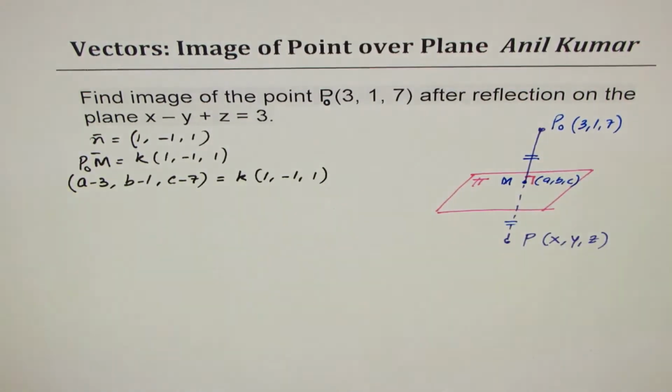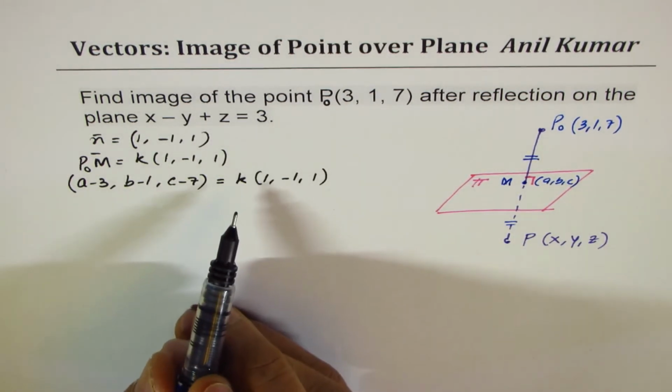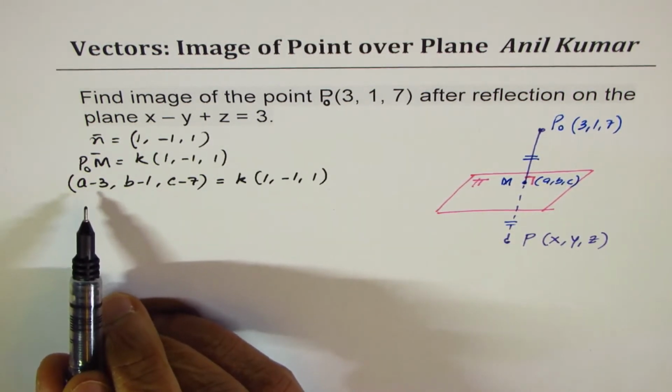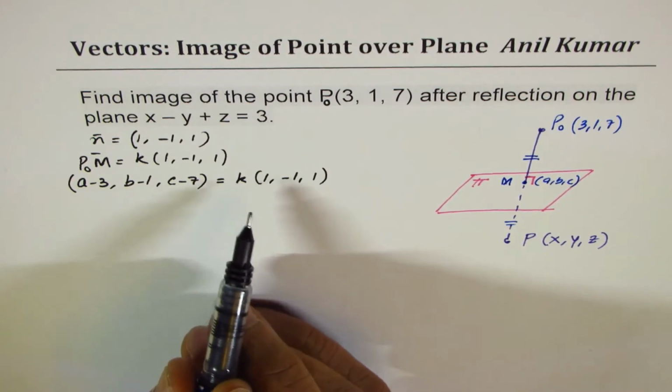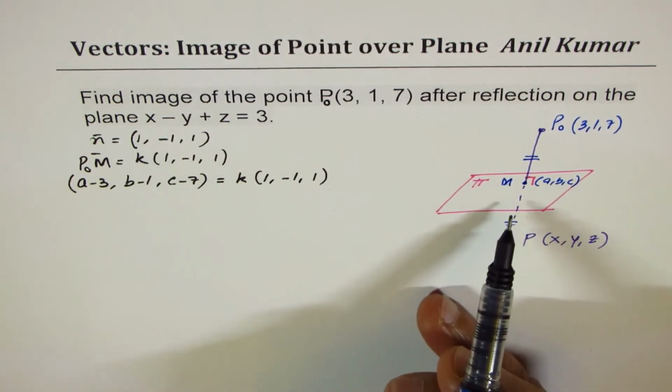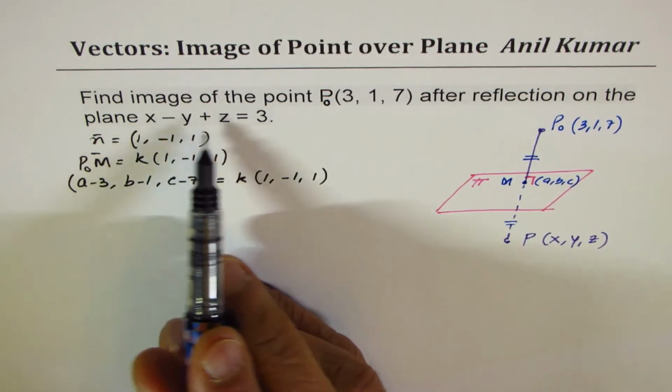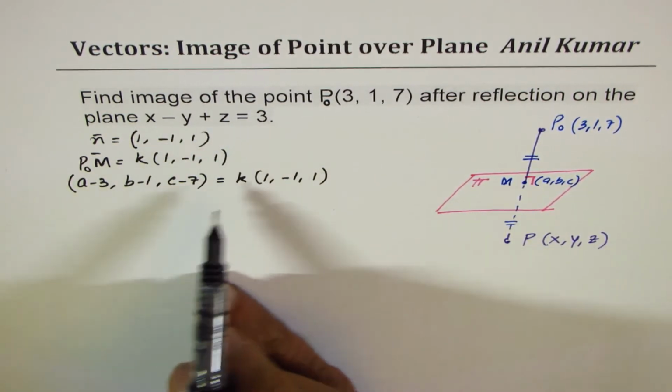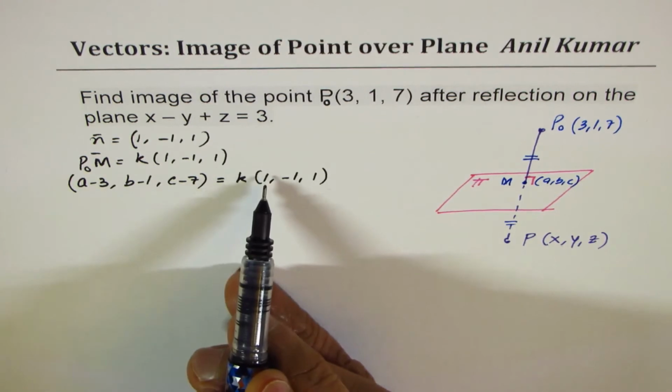They are in the same direction. Since they are in the same direction, we can get the values of a, b, and c in general, and then, since the point is also on the plane, we can place it in the equation of the plane and solve.